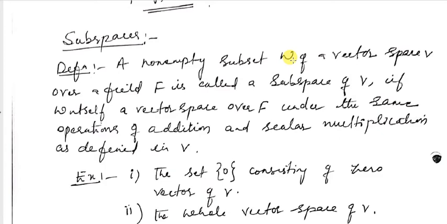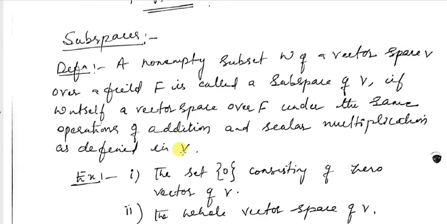The subspace is denoted by W, vector space is denoted by capital V. So a non-empty subset W of a vector space V over a field F is called a subspace of V if W itself is a vector space over F under the same operations of addition and scalar multiplication defined in V. This is clear.